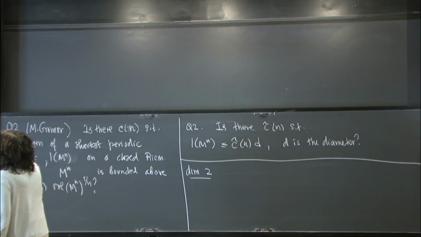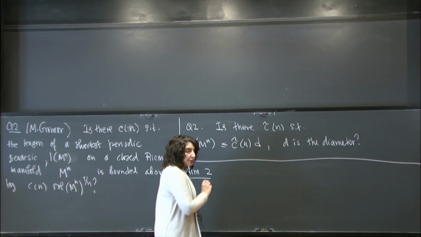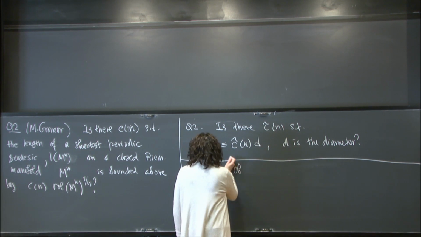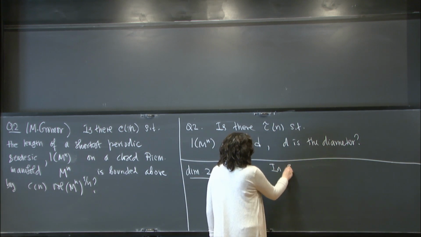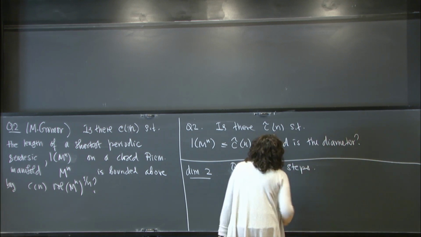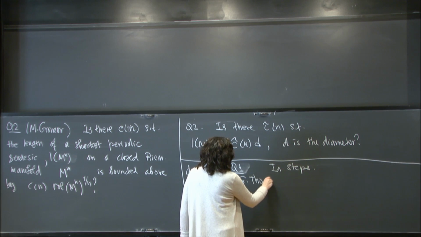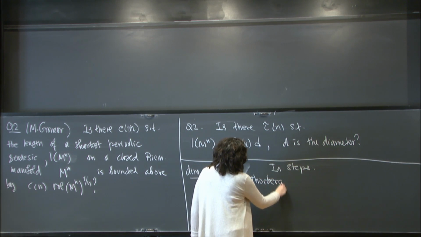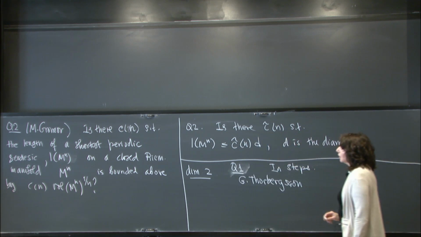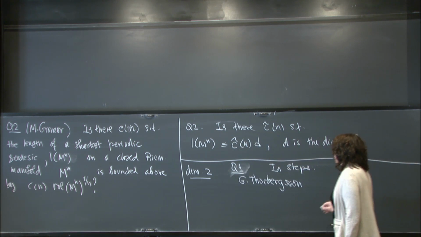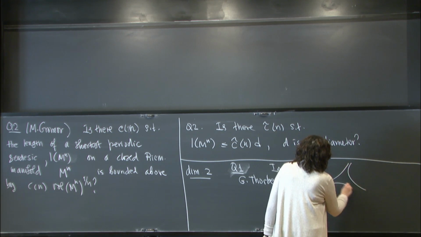So the answer to the first question was sort of obtained in steps. First, Thorbergsson proved the existence of a periodic geodesic on surfaces with at least 3 ends.